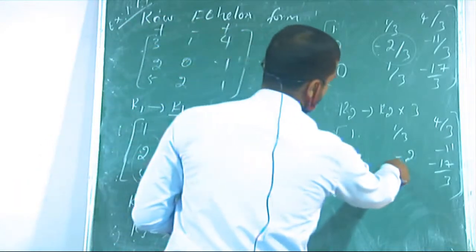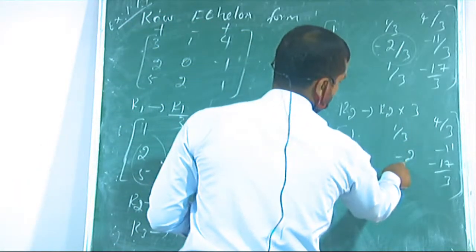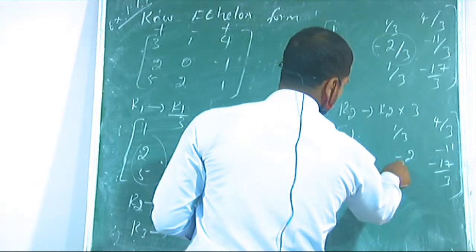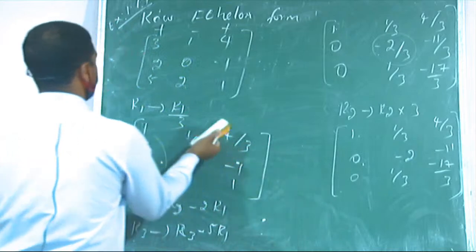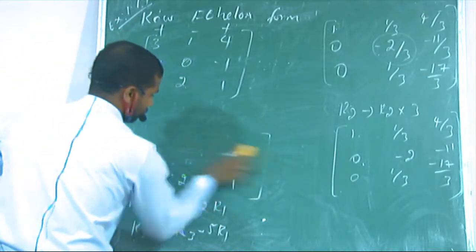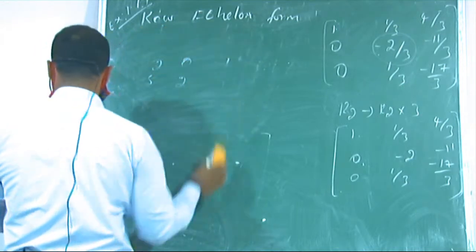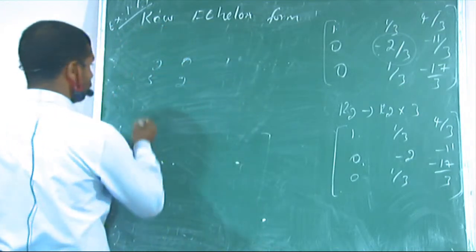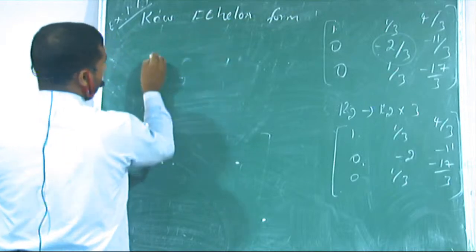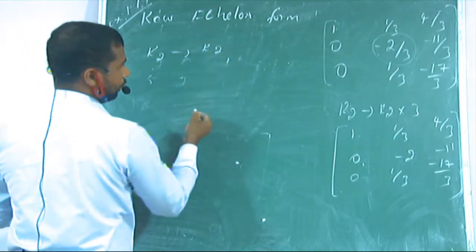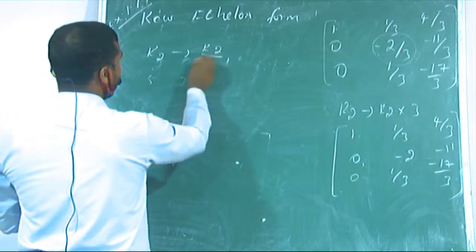After into 3, each and every term we divide by 2, because we need positive 1. Then what we have to do, R2 gives R2 divided by minus 2.